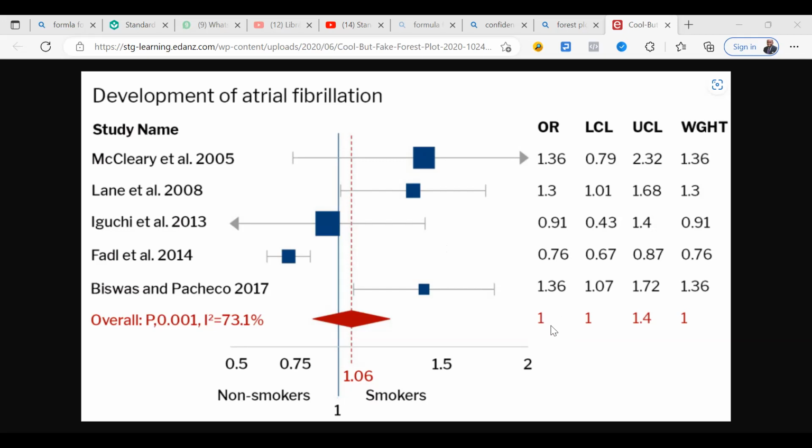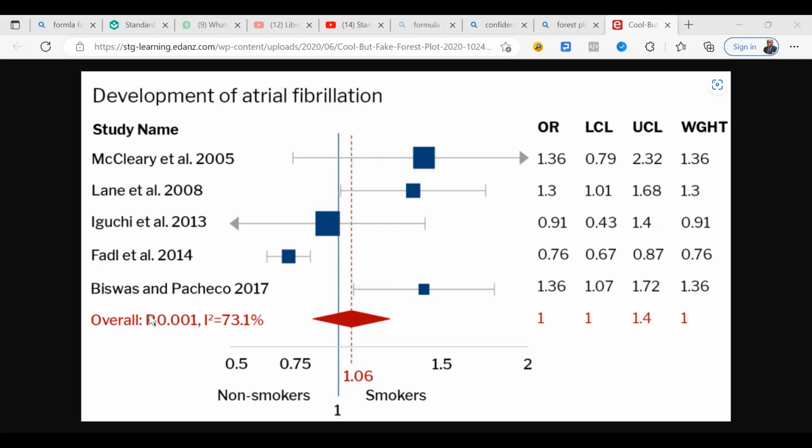So there is no association between the cause and the effect, between smoking and atrial fibrillation. So now it crossed the line, right? Okay, so making the studies not significant. Correct. That means making it not significant.